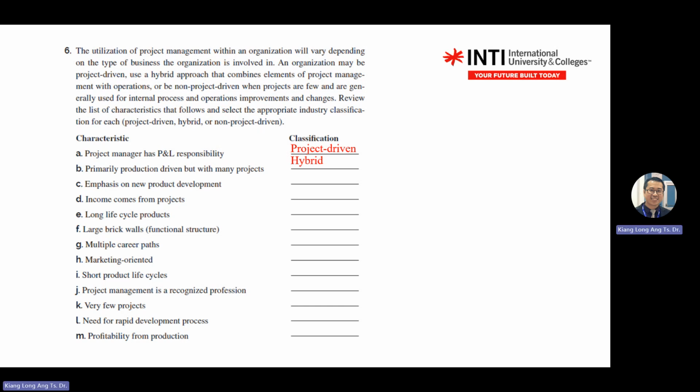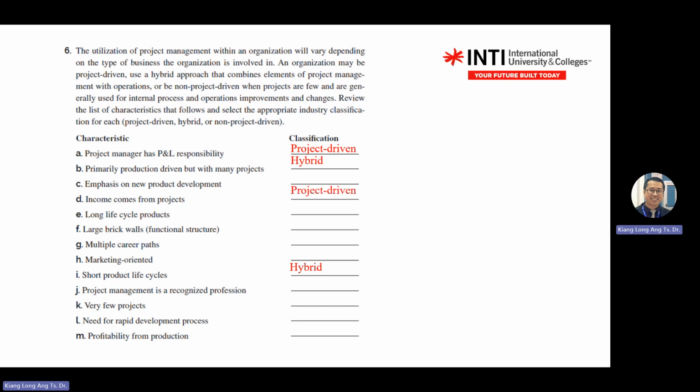Okay. Emphasize new product development. What do you think? New product, hybrid. Non-product is like mass production. In mass production you won't have a new product; it means keep repeating the same thing. Okay, later we come back.